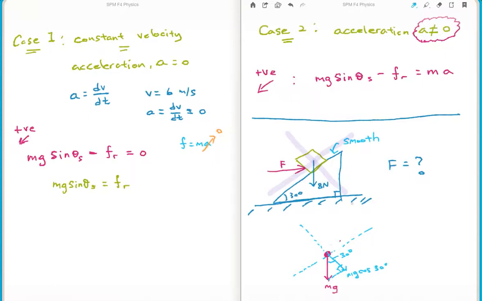And now there is an extra force. You need to find out what is the value of this force. Now, the zigzag rule, this is the 30 degrees also. I mean, this is the horizon, this is 30 degrees, right? So, I think I resolved it for you.